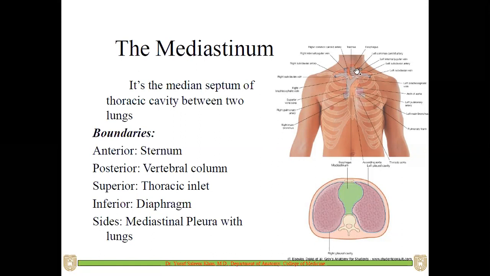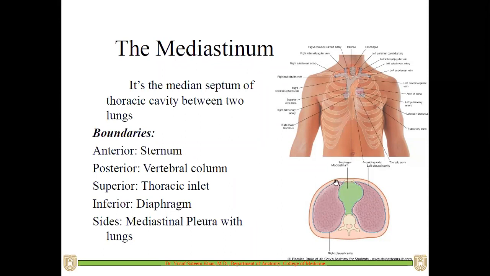Superiorly is called the inlet of the thorax. The structures are either entering or coming out, through which the structures will enter into the mediastinum. Inferiorly, we have the diaphragm, which separates the thoracic cavity from the abdomen, forming the inferior boundary. On either side, we have the mediastinal pleura.